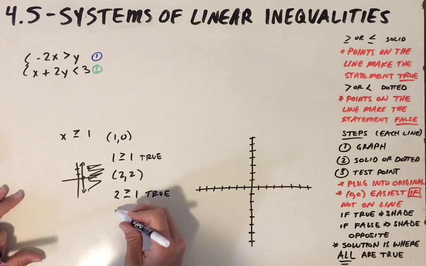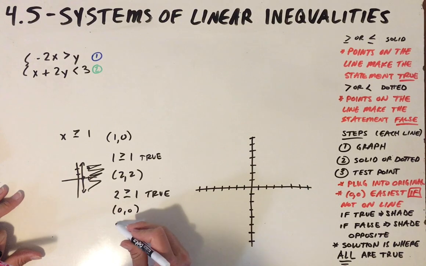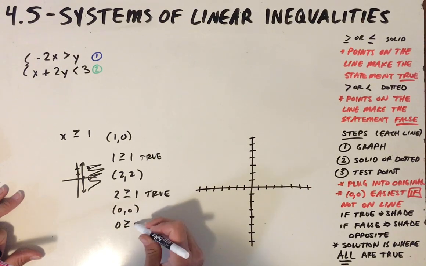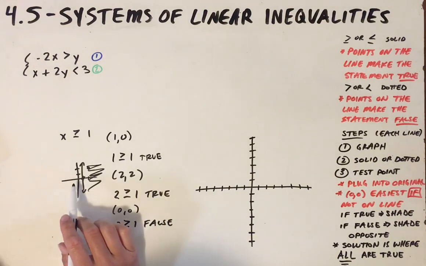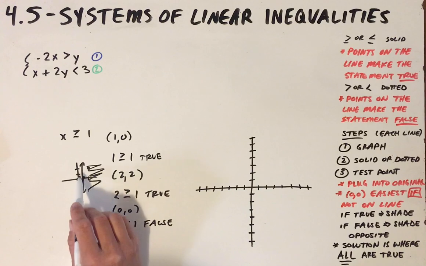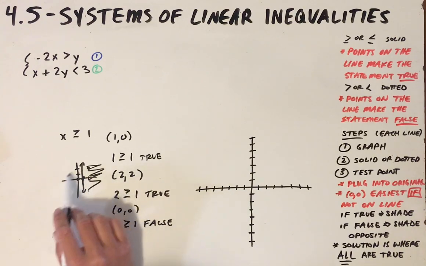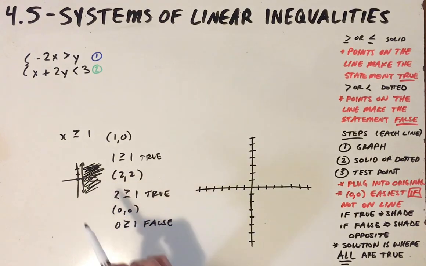Let's plug in the point 0, 0. If I plug in 0 for x, 0 is greater than or equal to 1. This is false. So if this point is false and it's on the other side, then all of this over here is false. So the way that we say this is all the true stuff is we shade it.